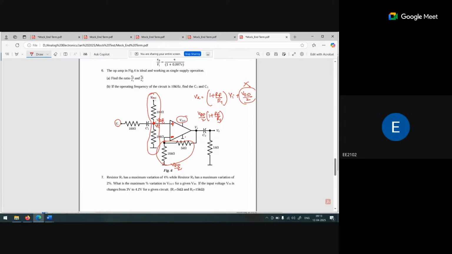In the last class I explained this one. This is the plus sign and minus sign. Because of the non-inverting terminal, if I apply VDD by 2, the gain is VDD by 2 times 1 plus RF by R1, and because of connecting VDD by 2 at the negative terminal, we are getting minus VDD by 2 times RF by R1.